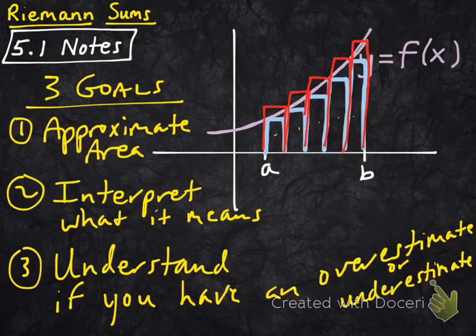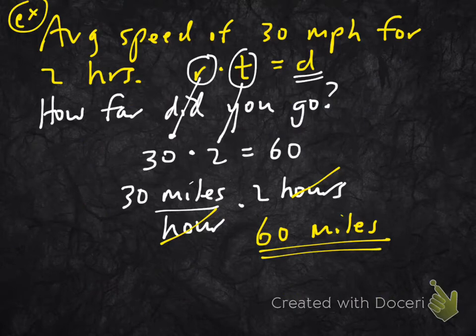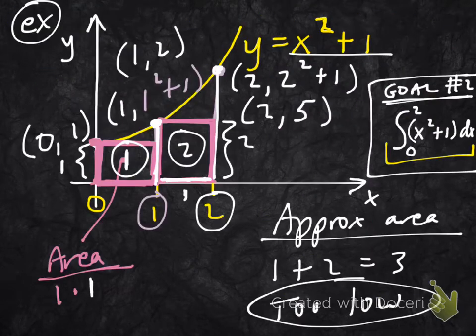So keep in mind the three goals: approximating the area between a curve and a horizontal axis, interpreting what it means, and then understanding if you've had an overestimate or an underestimate using your approximation. We talked about speed and total distance, with distance being equal to the area when you graph the velocity.